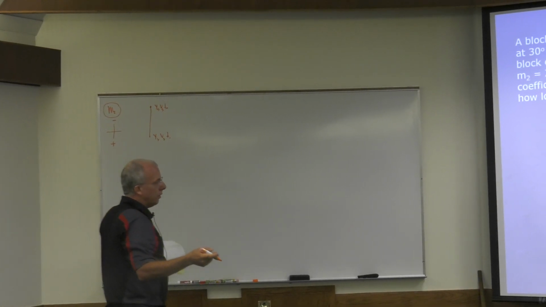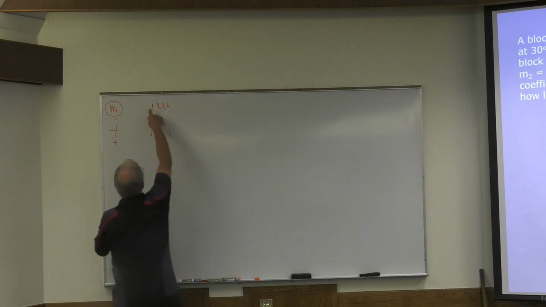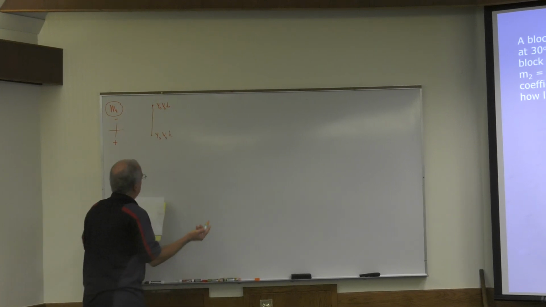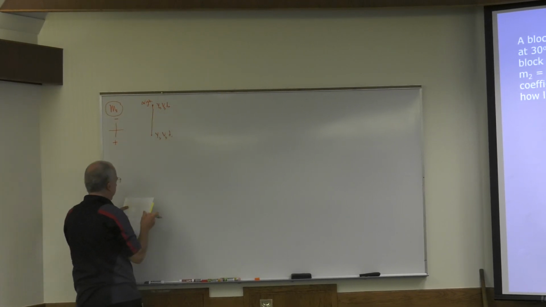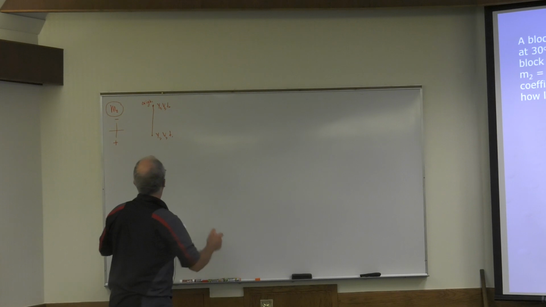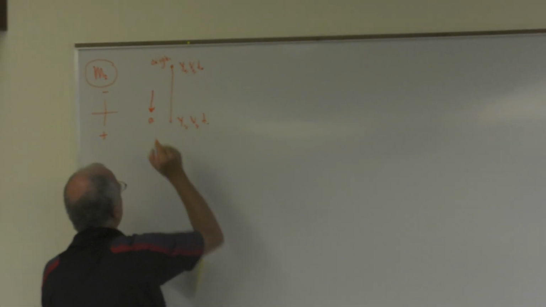Okay, where do you want to put the origin? Doesn't matter. I'm going to put it here, and it's nothing special. I just feel like it. So there's the origin. And again, it's accelerating this way. So I might as well draw my little a.